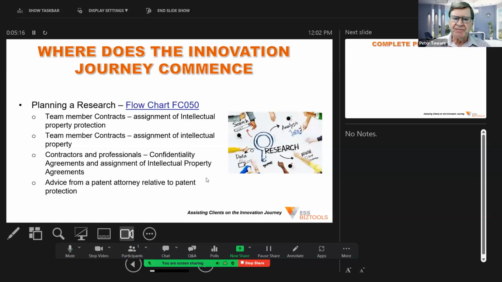With contractors and professionals that have been engaged, it's important that there's a confidentiality agreement and also an assignment of the intellectual property. Because as you know, otherwise the contractor still owns their IP that's been introduced, even though your client's paying for it.